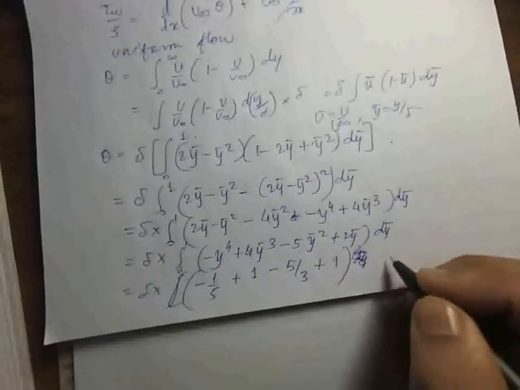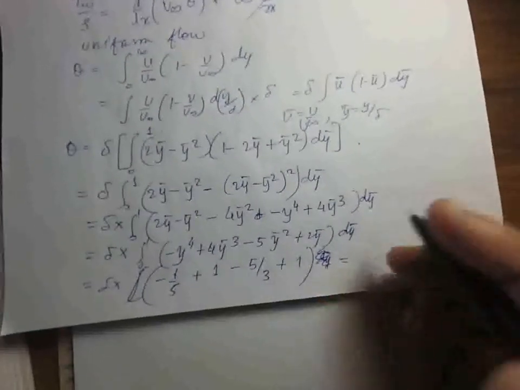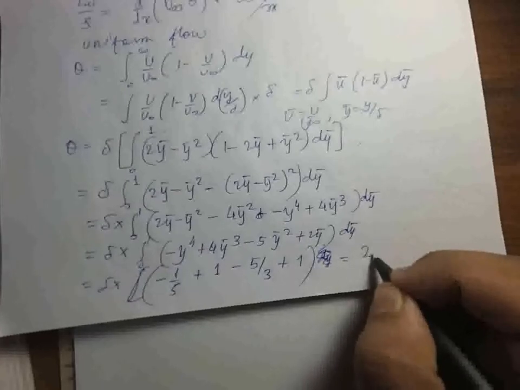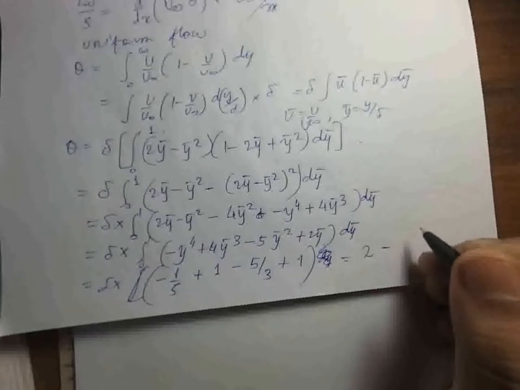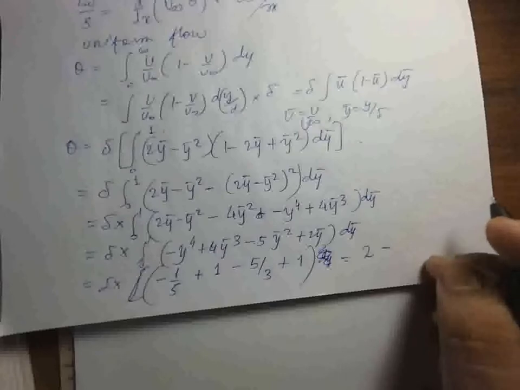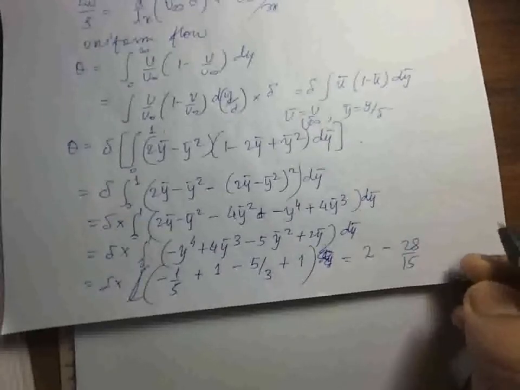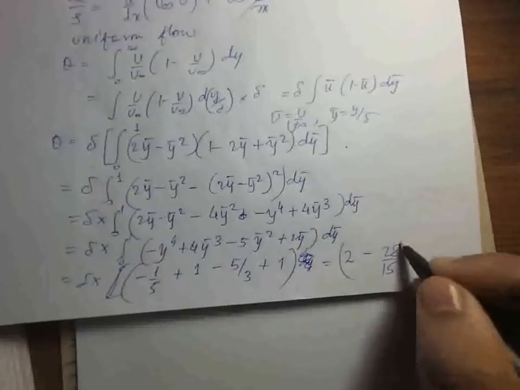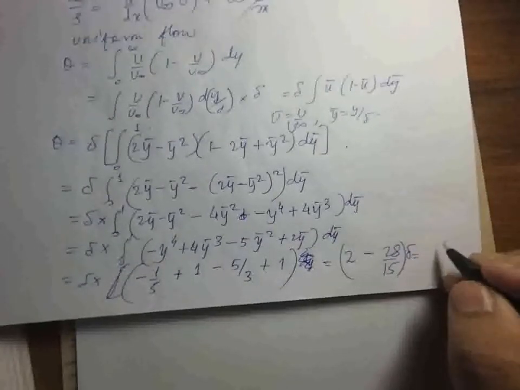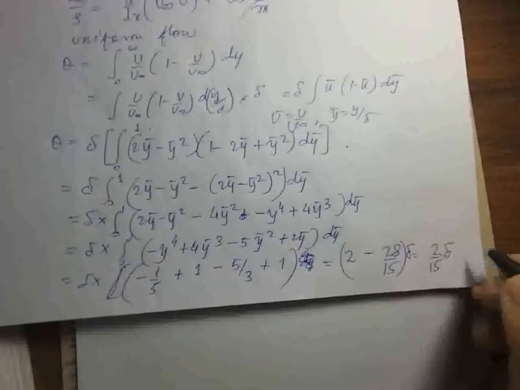This is not dy bar. So this is equal to 2 minus 28 by 15, this is times delta, so this is equal to 2 by 15 delta.